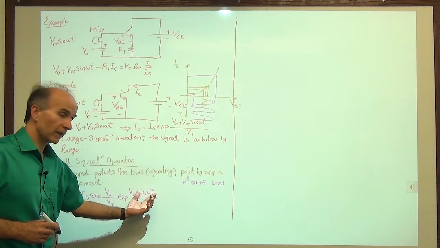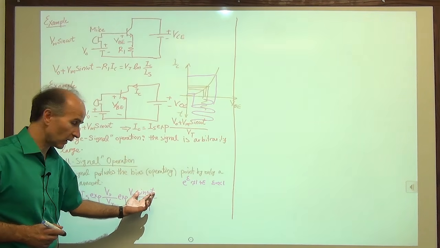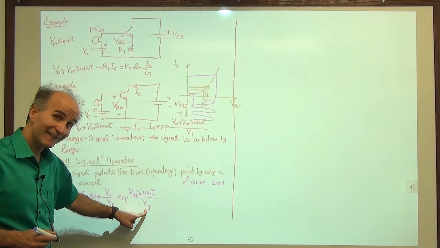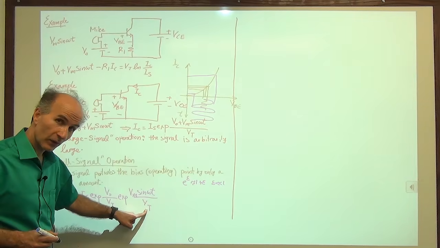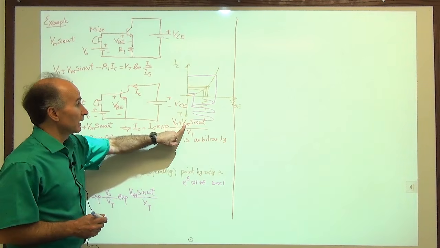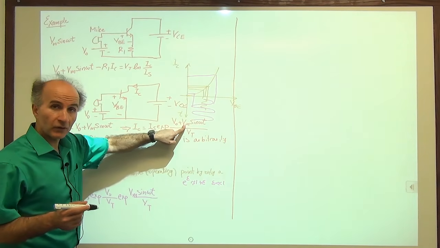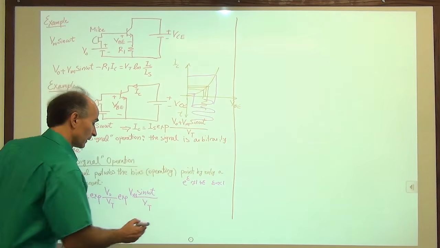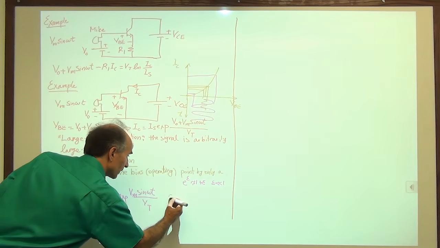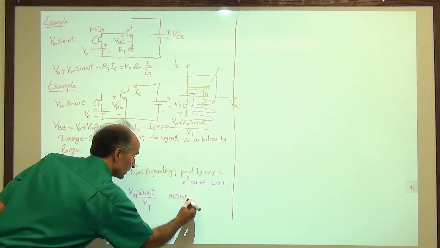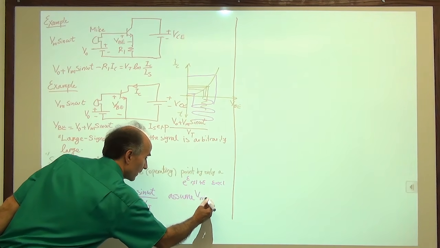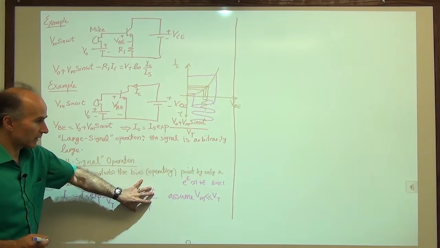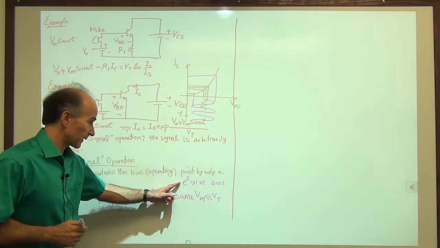And because sine itself is always less than or equal to 1, I need to assume that Vm is much less than Vt. Okay, that's the key. Vm being much less than V0 is not sufficient. It has to be much less than Vt. So we assume Vm is much less than Vt, so that this argument is much less than 1. And I can expand it like so.